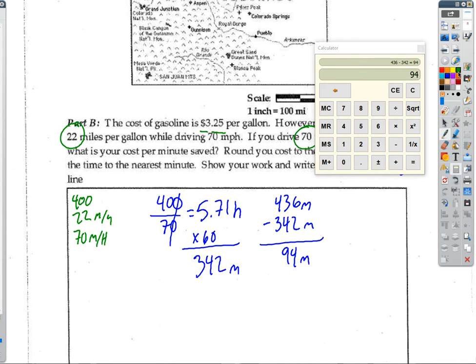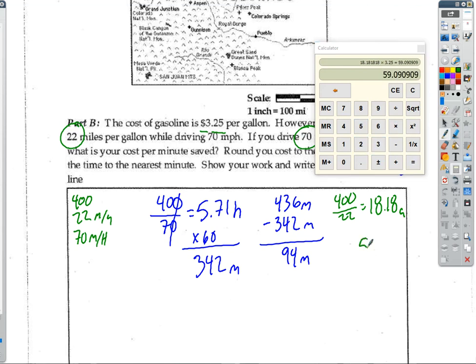Okay, well, what about my cost? Now this is going to be worse, and that's the way it goes. So I have 400 miles at 22 miles per gallon. And so that's 18.18 gallons. Okay. And that's $3.25.